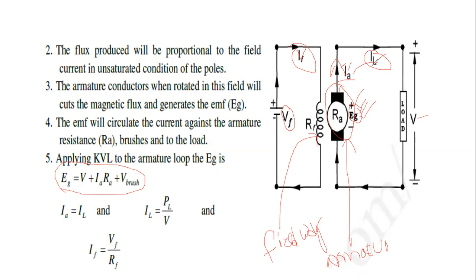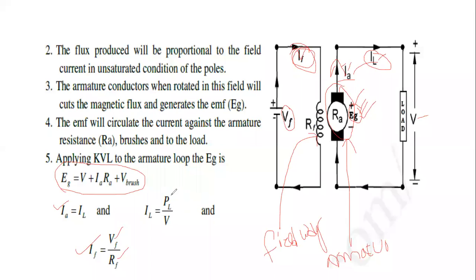Therefore IA is equal to IL, that is, the armature current is equal to the load current. Then we write the formula for IF: according to Ohm's law, current I is equal to V by R, therefore IF is equal to V by RF.